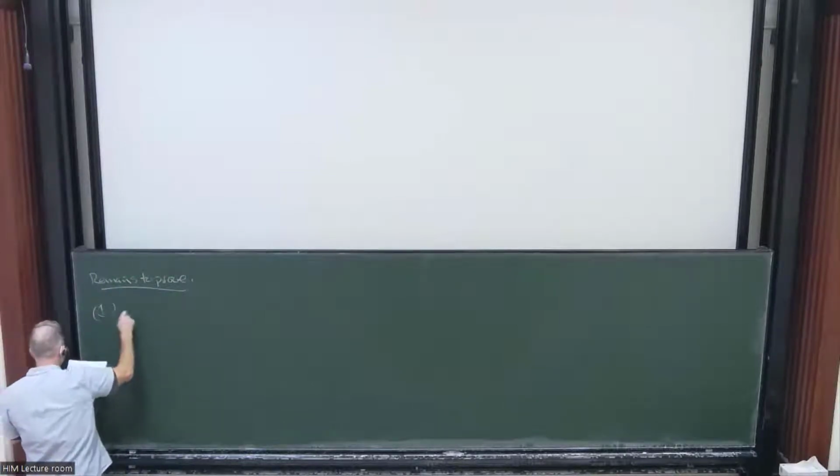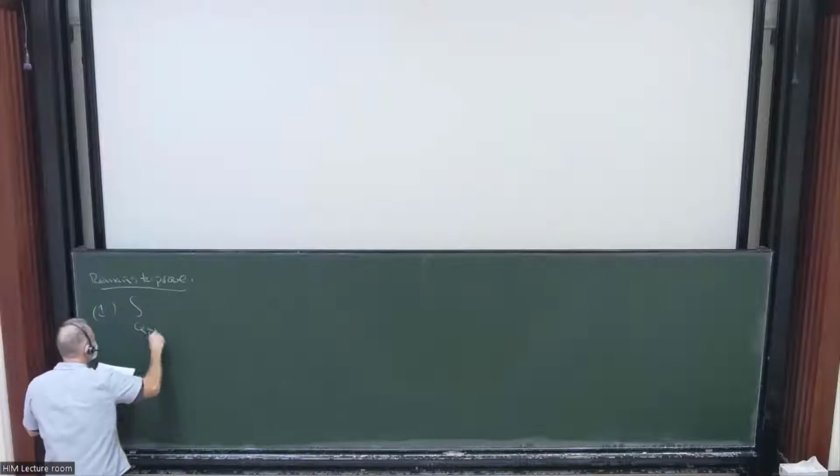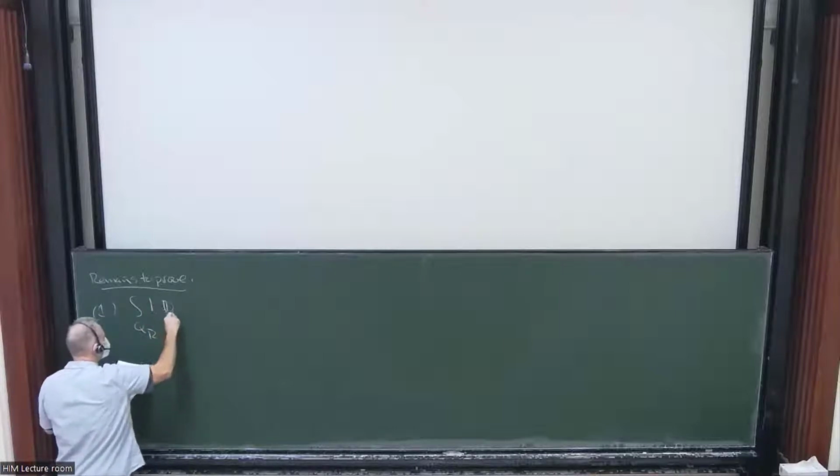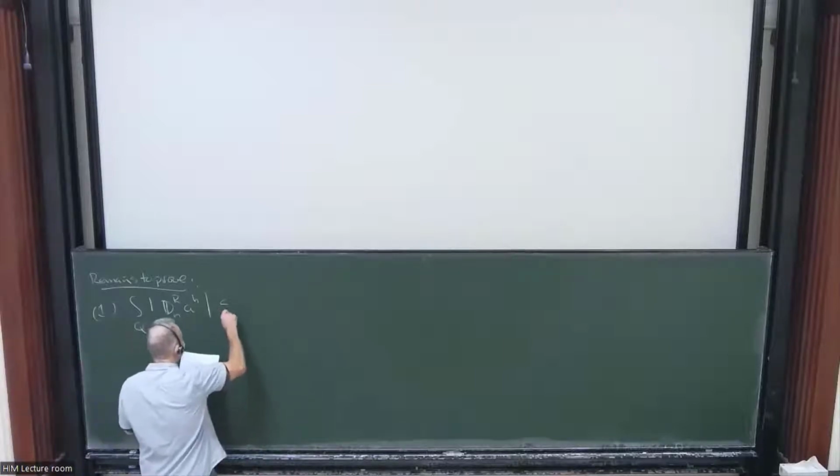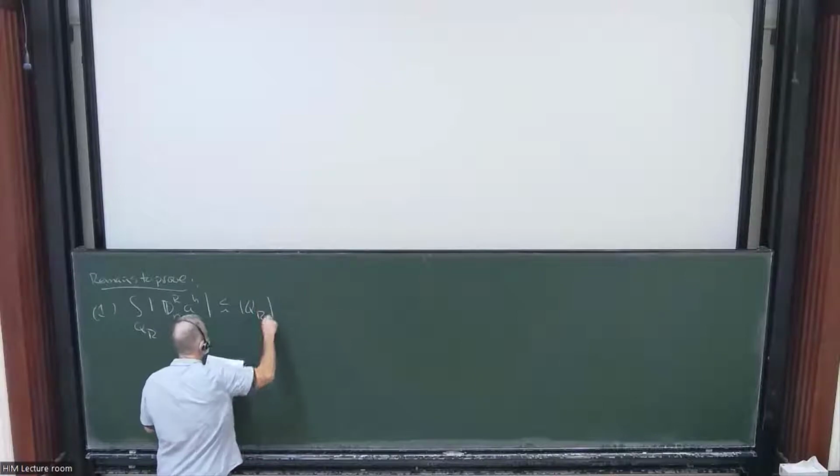All right, so let me remind you, what remains to be proved is the following thing. Let's call this 1: the L1 norm on QR of the localized half derivative applied to AH, this thing we defined at the end of the hour last time, is controlled by the measure of QR.